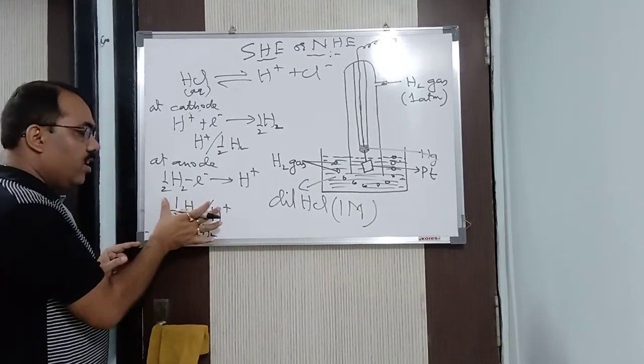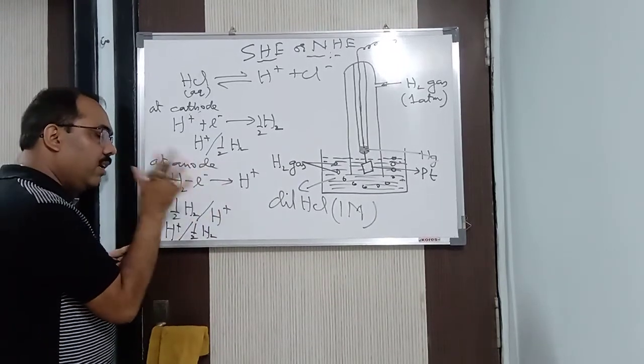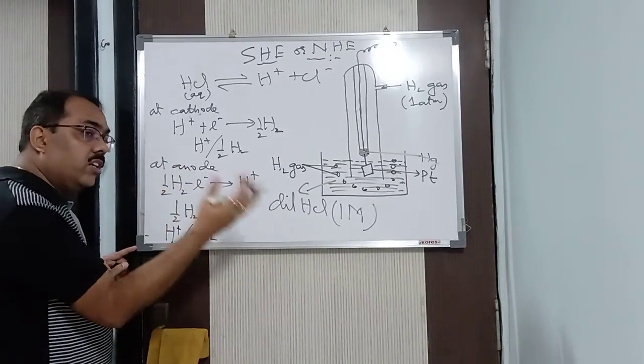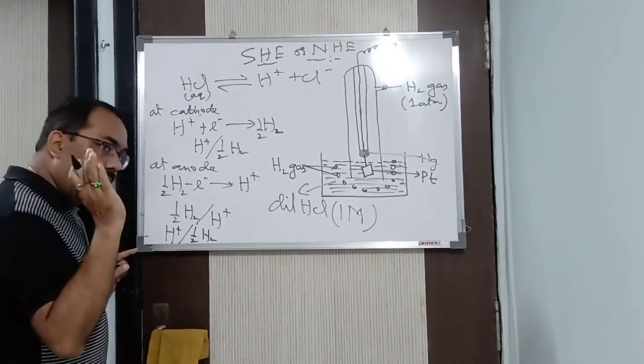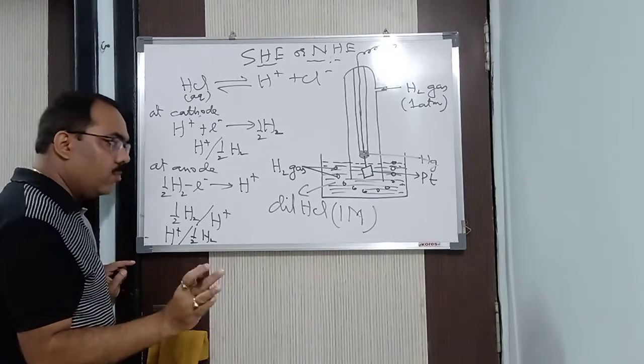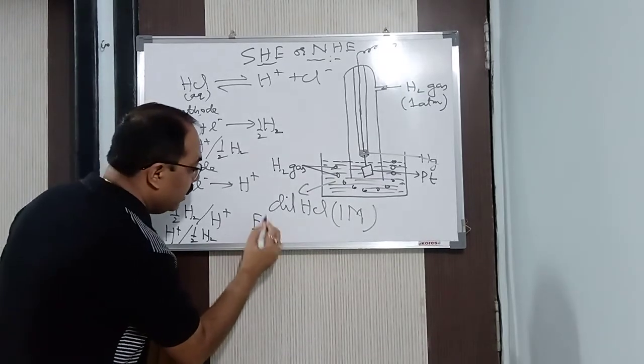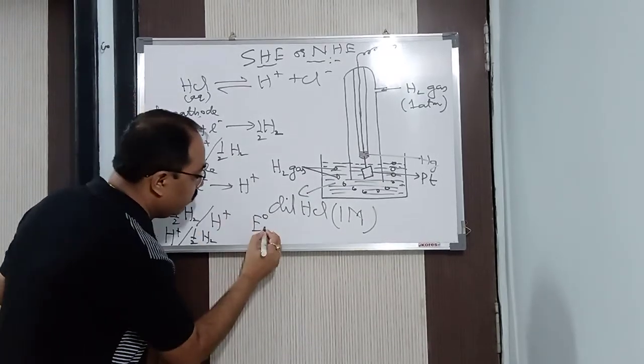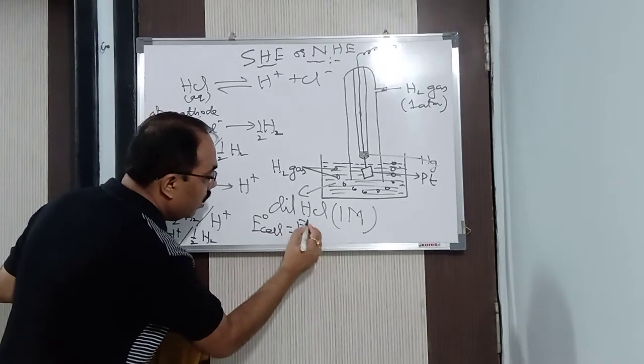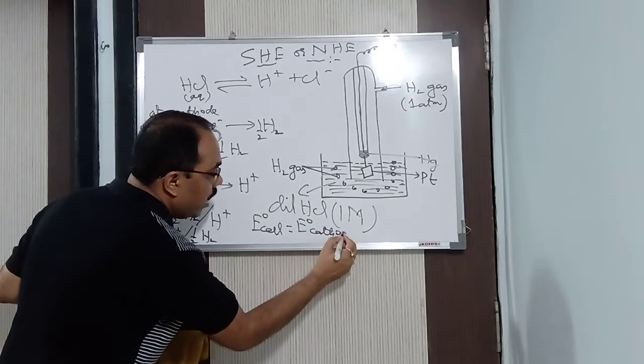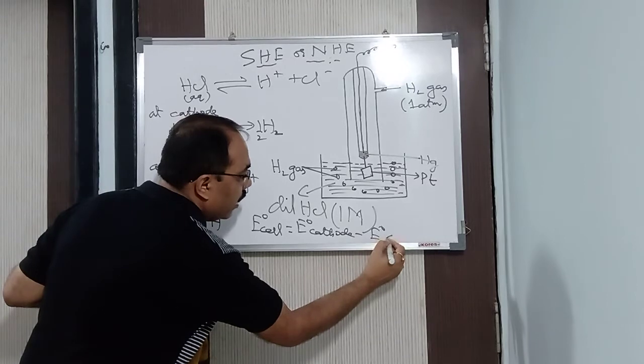Listen carefully. Anything given in oxidation potential, you convert into reduction potential, because to calculate the EMF of the cell we use the formula: E naught cell equals E naught cathode minus E naught anode.